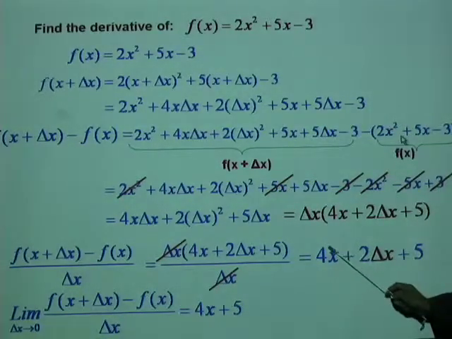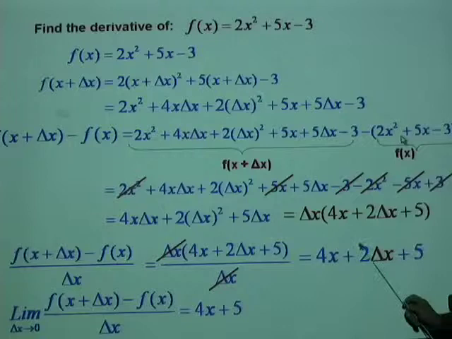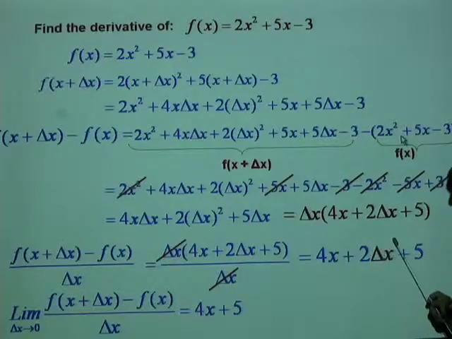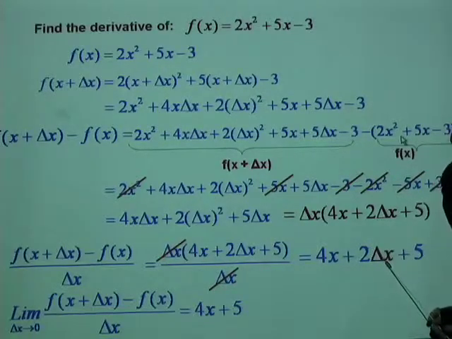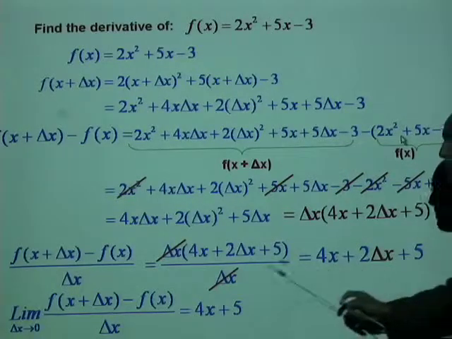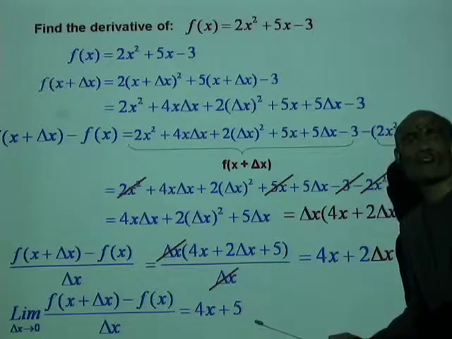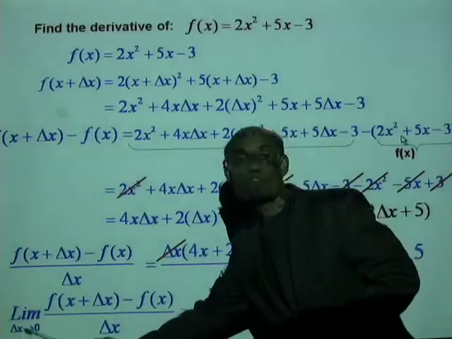You can see the limiting value of this when delta x approaches 0 is obtained by replacing delta x by 0. So this term goes. So the limiting value of this is 4x plus 5. And what do you call this quantity?